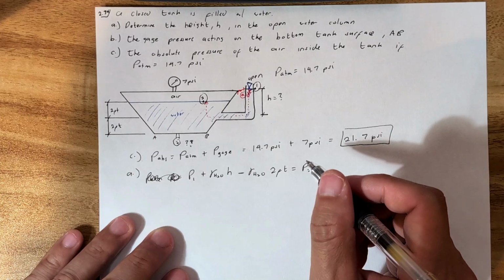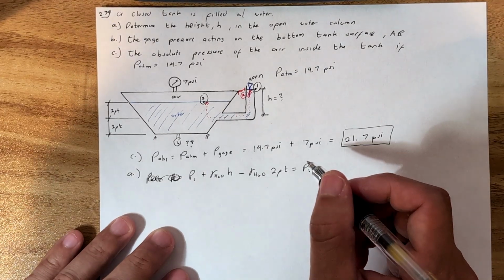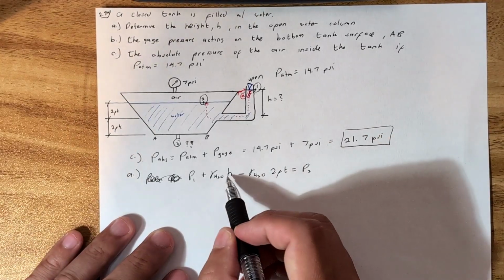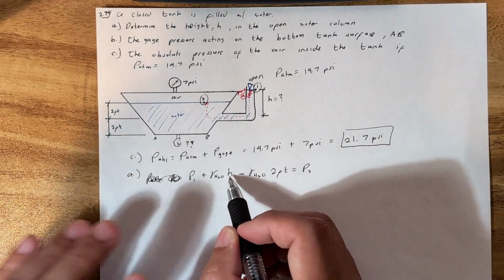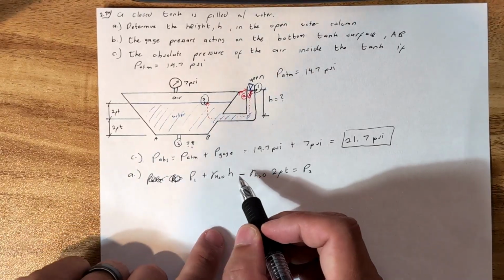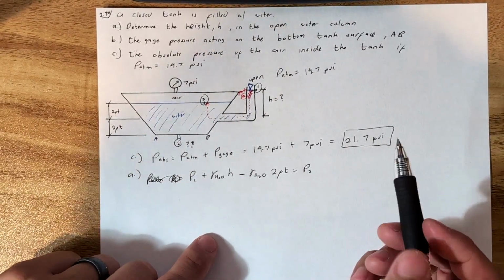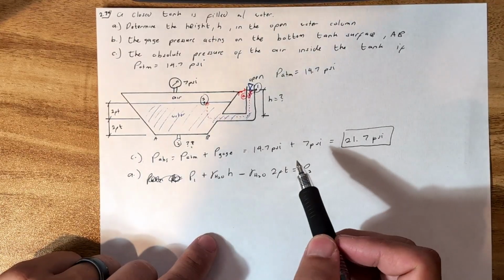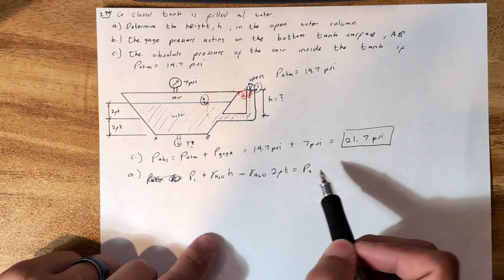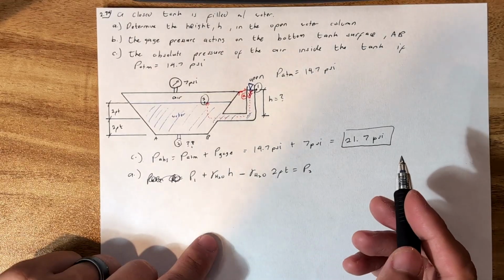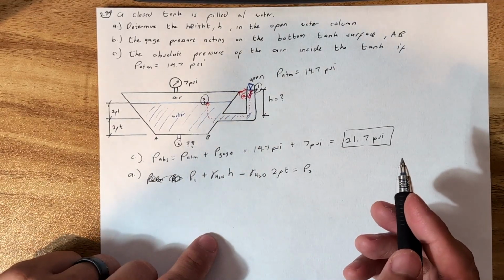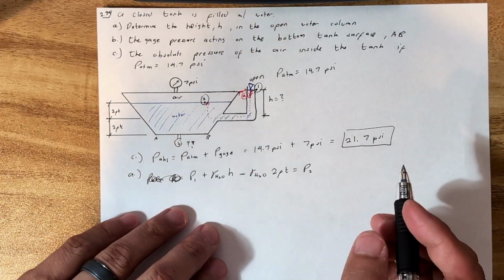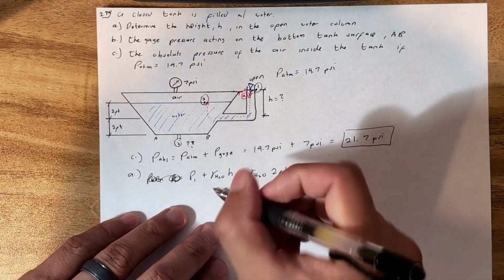Now we're going to move everything to the other side and solve for h. We could plug in the numbers first and then solve for h, or solve for h and then plug in the numbers. I usually like to plug in the numbers afterwards, so right now we're just going to solve for h.